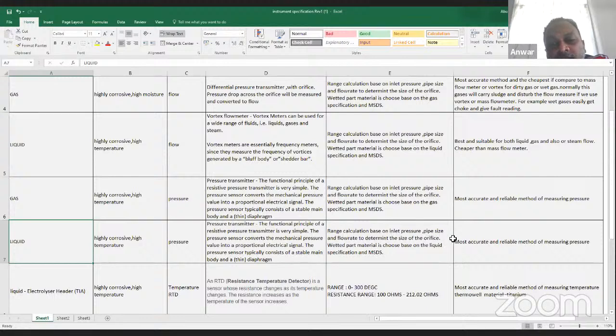huge in capital investment. But when you achieve the reliability over a period of time, that capital investment is actually not so huge, because you will gain from other aspects of the operation, such as lower downtime. You do not have to keep a lot of spare parts of those materials.